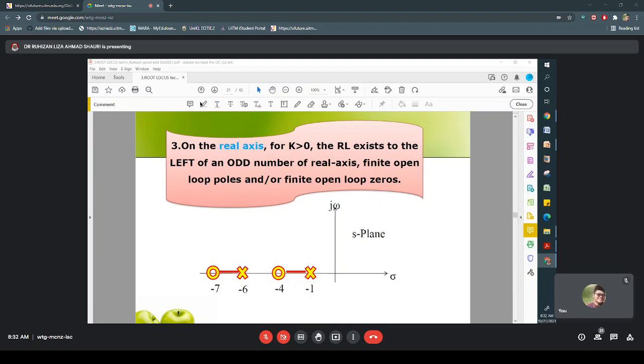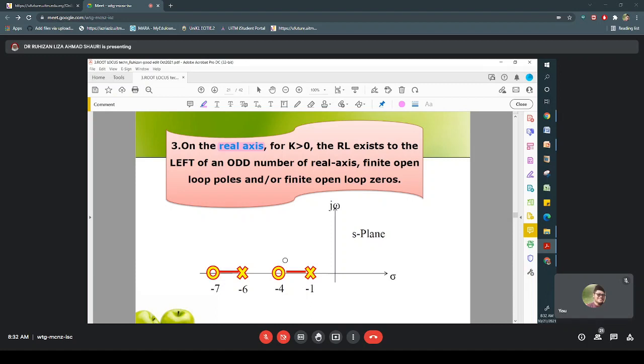See, this is the real axis. For the open loop zeros and poles that are on the real axis, how do we go about it? Does it go to the left or to the right? We want to know.